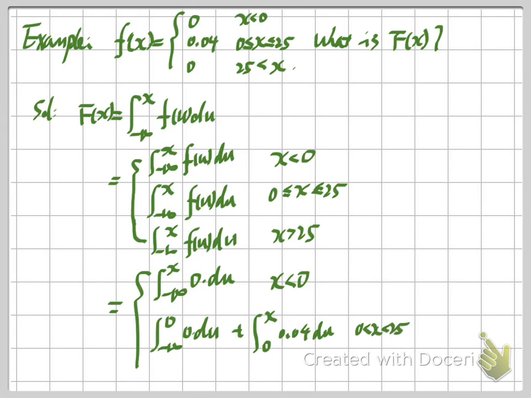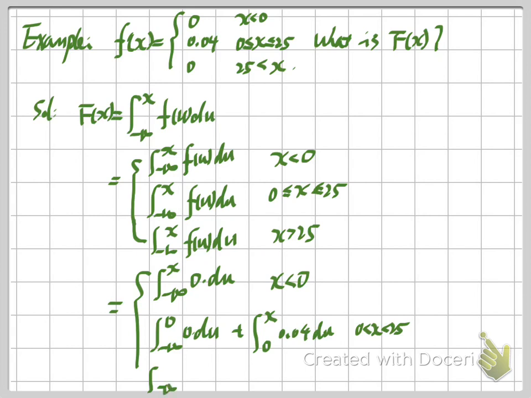And then the last case is when x is larger than 25. Then for our PDF, we will have all possible values. So what we need to do now is divide this interval into 3 segments.